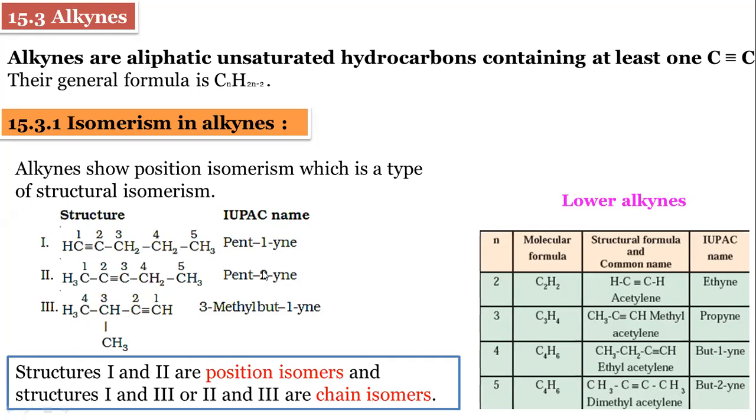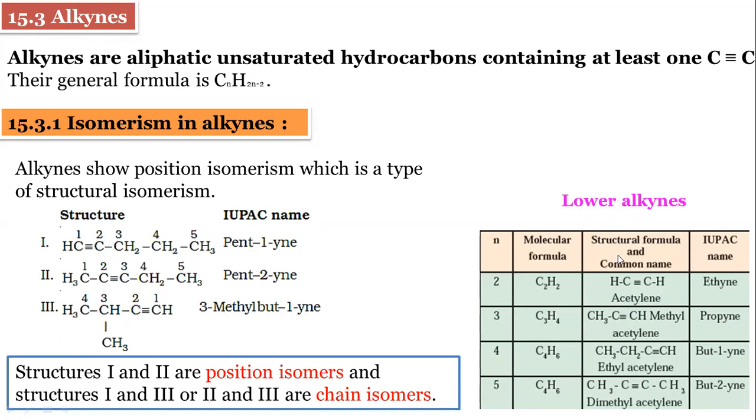This is pent-2-yne because the second carbon has the triple bond, and this is 3-methylbut-1-yne because but indicates there should be 4 carbons in the longest chain. The lowest numbering should start from the carbon having the carbon-carbon triple bond. So this is 1, 2, 3, 4, on carbon number 3 a methyl group is there. So the name is 3-methylbut-1-yne.